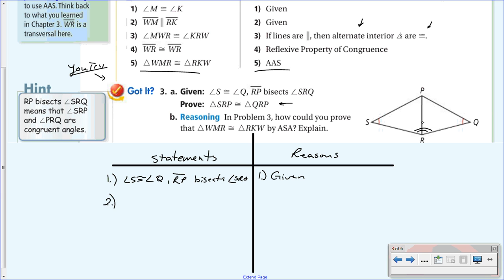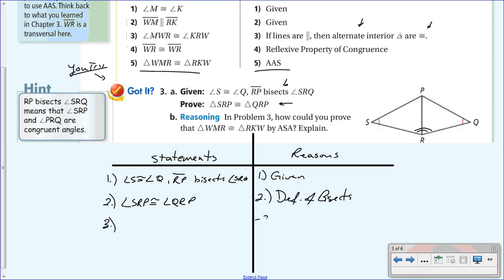So angle SRP is congruent to angle QRP. And number two, how do we know that? Well, that's our definition of bisects.